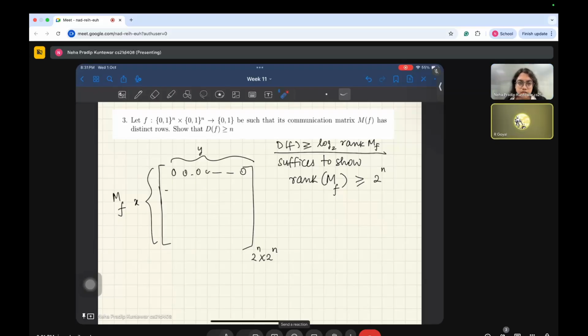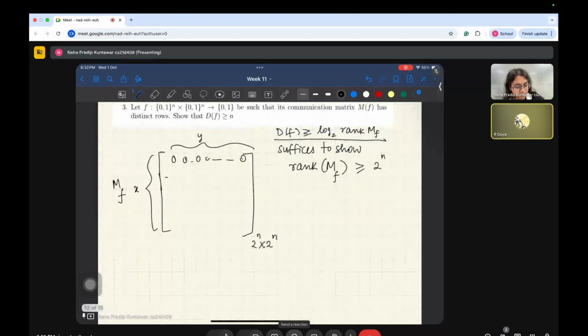Yes, so if all the rows are distinct, okay, but how to use this distinctness? So there will be 2 raised to the power n number of distinct rows.